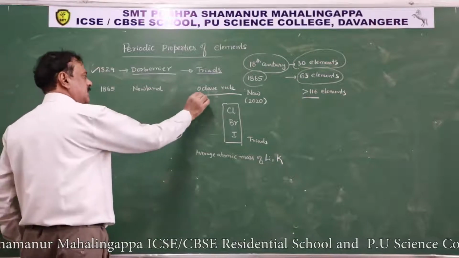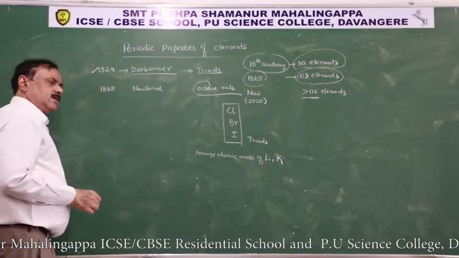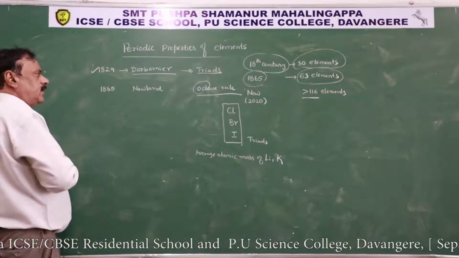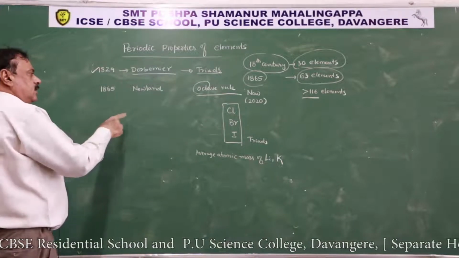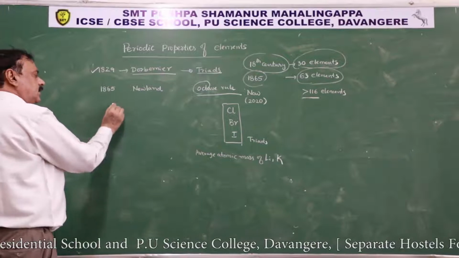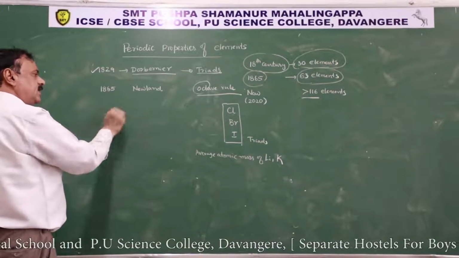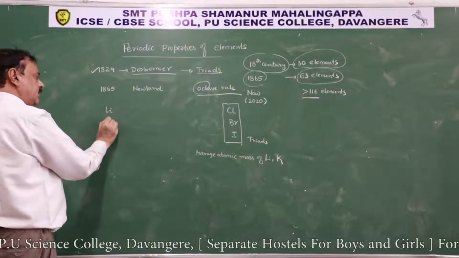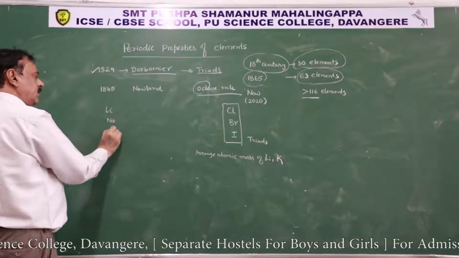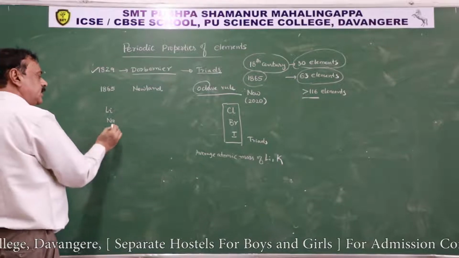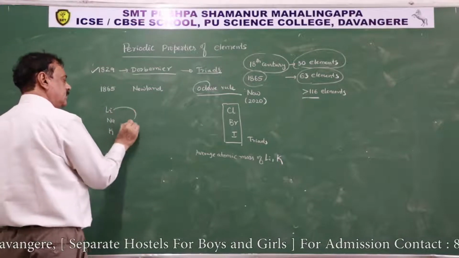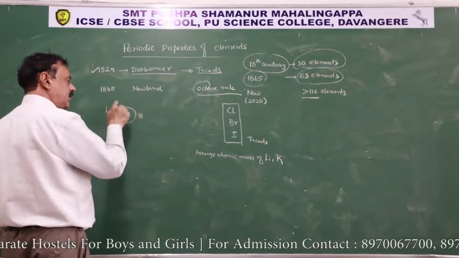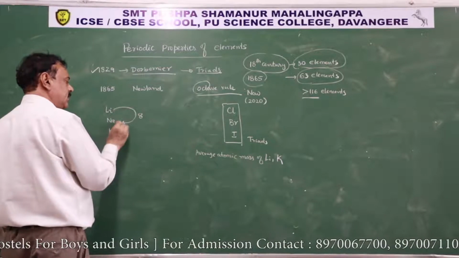Oct corresponds to the eighth. Therefore, according to this octave rule, after the eighth element, the same property repeats. For example, when you come across lithium, sodium and potassium, after lithium, then 8 different elements later, sodium repeats.